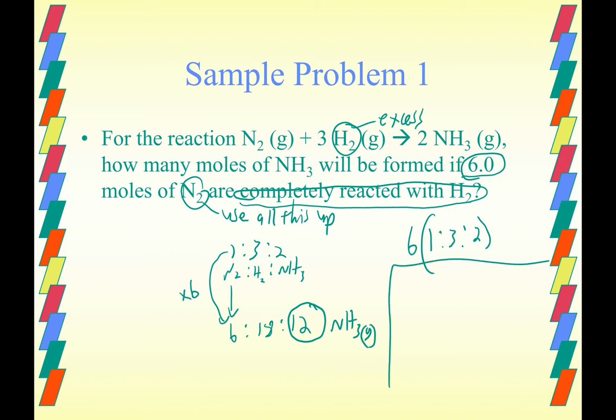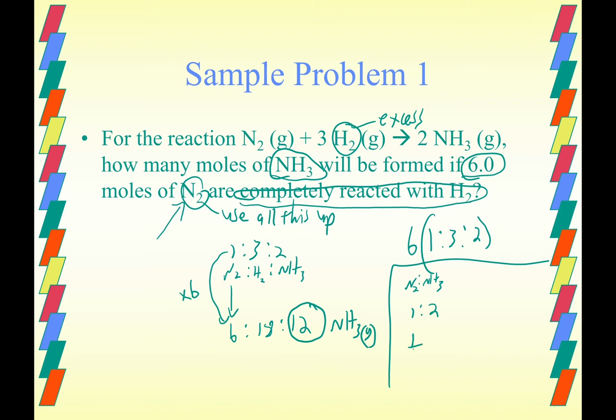Now, if we look at this simply in ratio form, if we compare the 2 species that are being talked about here, ammonia and nitrogen, looking at this from left to right, the ratio of nitrogen to ammonia is 1 to 2.